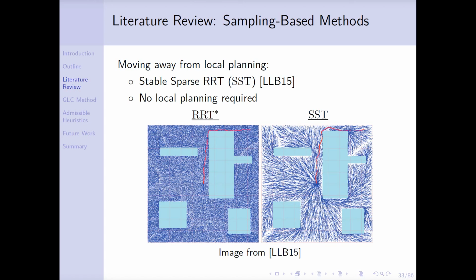It will converge to a solution with bounded suboptimality, and then this bound can be made arbitrarily small by adjusting some tuning parameters in the algorithm in exchange for a slower convergence rate. And while this algorithm is a nice theoretical contribution, its runtime is not really practical for real-time applications. So we still need an algorithm that's fast enough for real-time use.